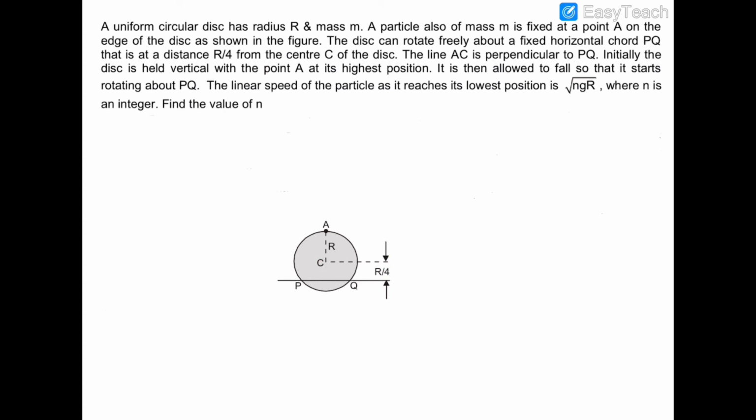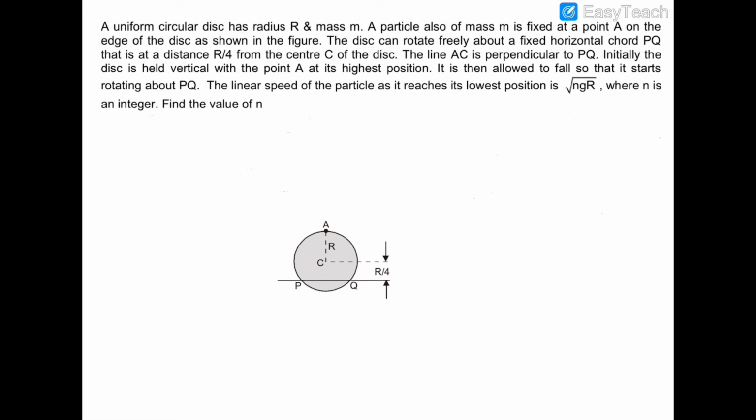Now there is another particle of mass m which is attached permanently on the disc at the top point A, and this disc is being released from this position in which this point A is on the highest point above the axis. Now when this disc is released, it will roll down, and we have to find out the linear velocity of point A when it would be at the lowest point.